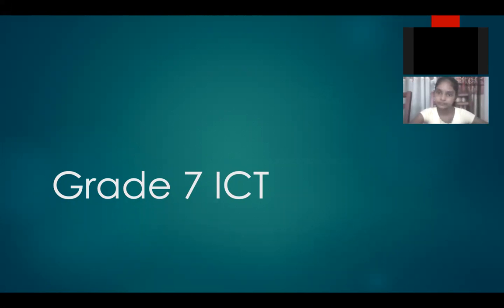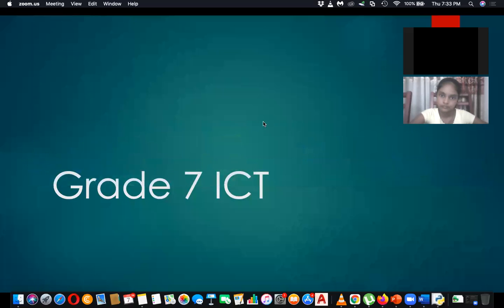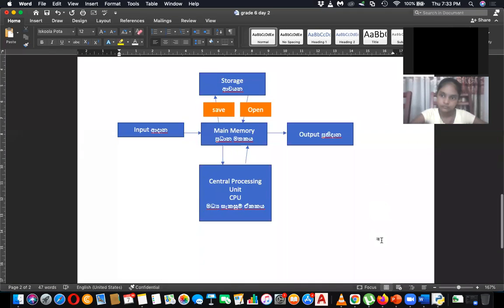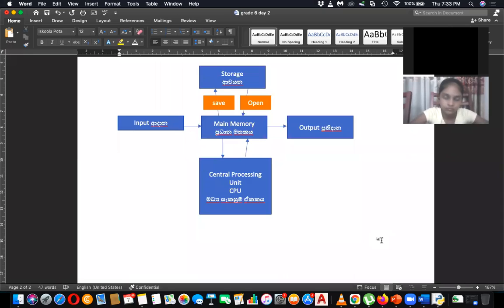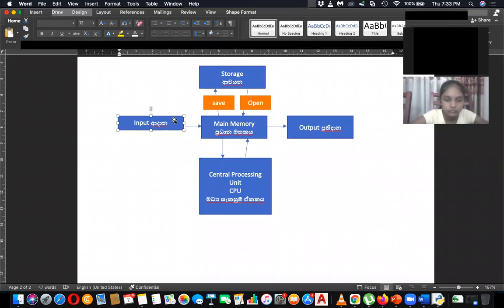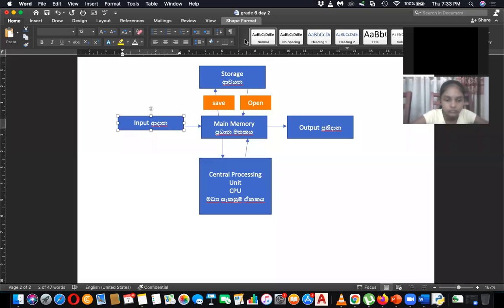the computer. So actually, I would like to give the big picture of how these components are connected to each other. And you can see the diagram below. I have given this for grade 6, but if you don't know, better write this down too. This shows how these components are logically connected.